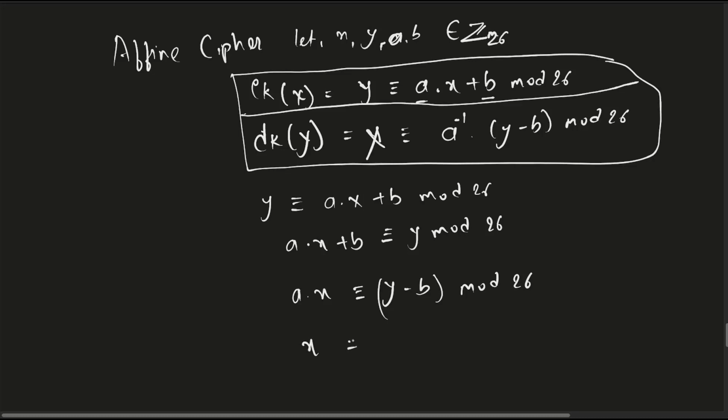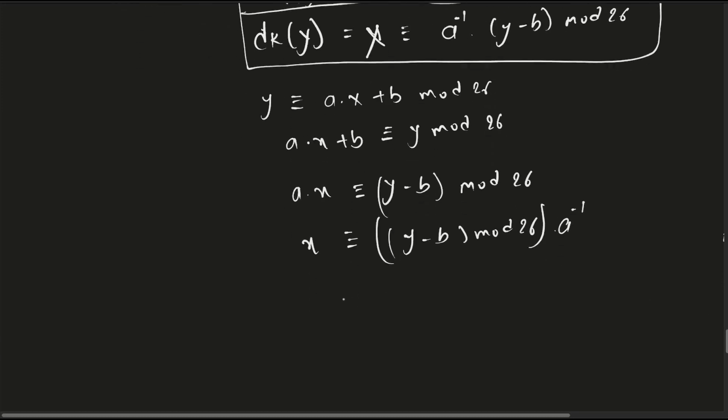So x then would be equivalent to y minus b mod 26 times my inverse of a. So instead of writing 1 over a, we just write a inverse. This means if I rearrange them, x is going to be equal to a inverse times y minus b mod 26. So this is the exact same thing I have here as the decryption formula.